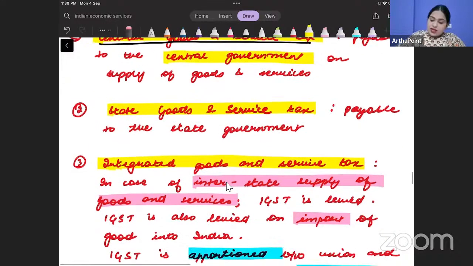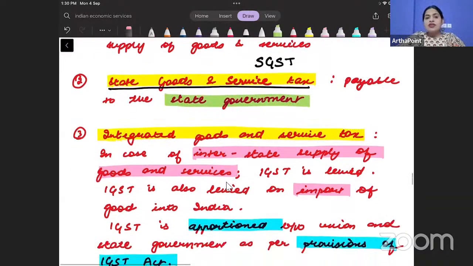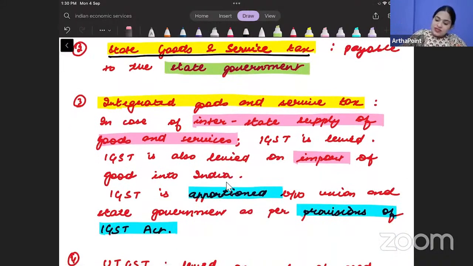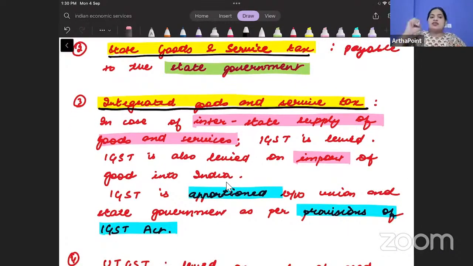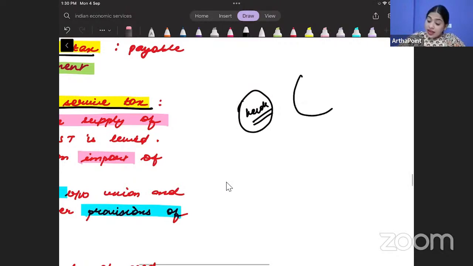है ना? The second one that we have beta, that is known as State GST, SGST. This is payable to the state government, as the name suggests. ये state government को जाता है. The next one that we have beta, it is known as Integrated Goods and Service Tax. अब देखो, suppose एक प्रोडक्ट केरला के अंदर ही रहा, तो इसका you will have state GST. एक प्रोडक्ट है जो केरला से it is going to राजस्थान.